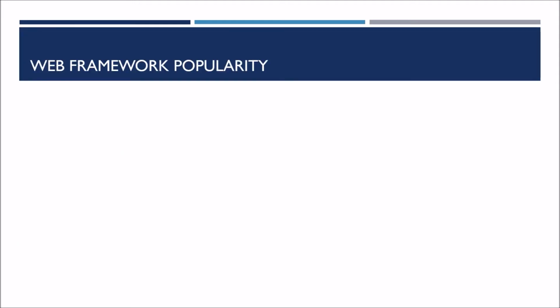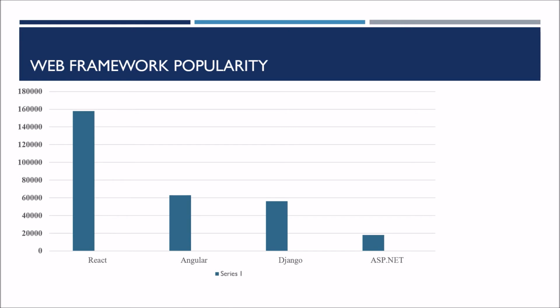Based on some statistics that were pulled, it can clearly be seen that React is basically leading the world in technology and development today. Angular is second, Django third, and ASP.NET fourth. React, as mentioned, is the most powerful of all four, and it is greatly used in a lot of applications today to support business environments, social media platforms, and other technological environments.